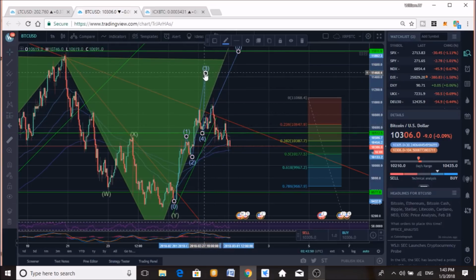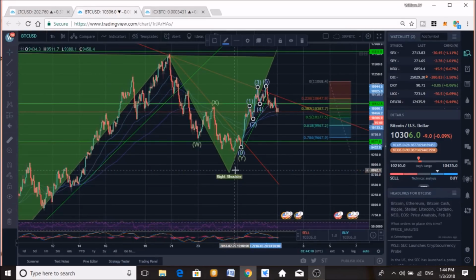We don't know that, but what we do know is that this long-term downtrend line has been acting as a major resistance for the past 3.5 months. So the option for you is to sell whenever the price touches the long-term downtrend line.